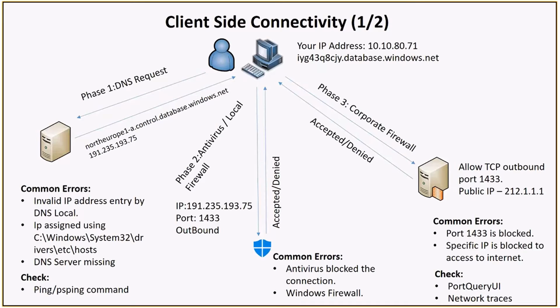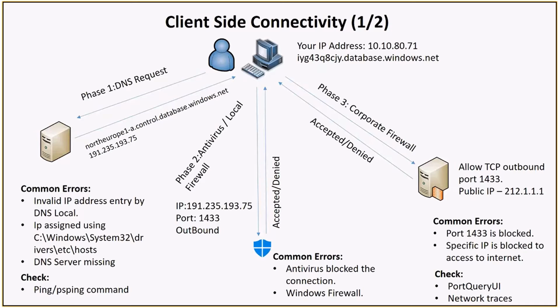In this case, we recommend checking the network trace, and for the SQL port 1433, using PortQry to check if it's listening or filtered. This is all for the client-side connectivity. Back to you, JM.